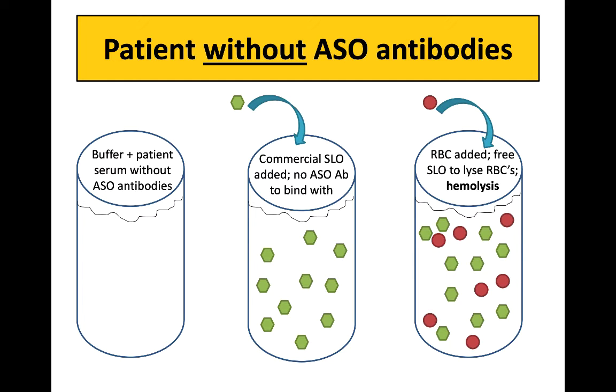So that's what we'll look at on the next slide. Either way, when there is hemolysis in a tube, that indicates that our streptolysin O was not neutralized and that it was free to bind and destroy the red cells.